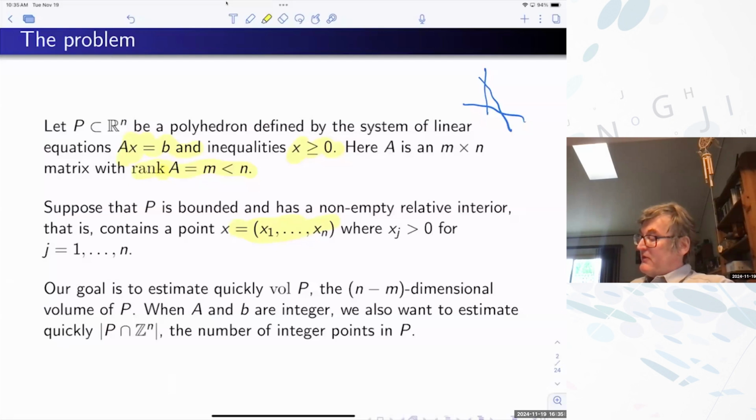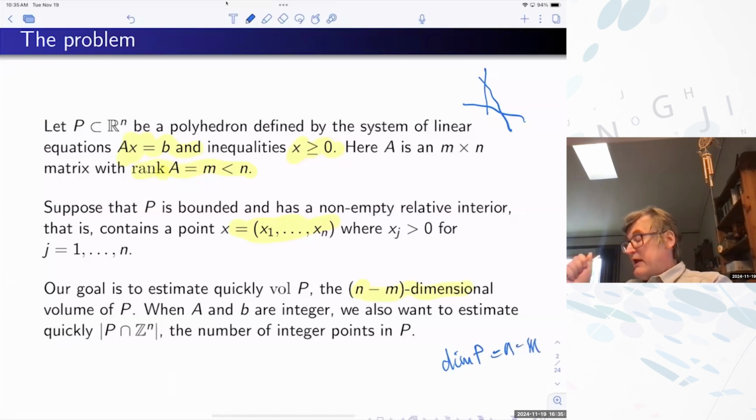That's the n minus m dimensional volume, because the dimension of the polytope is n minus m. In general, computing it exactly is pretty hard. In computational complexity theory, you cannot do it exactly any faster, because you can argue that even to write the answer will take exponential time.